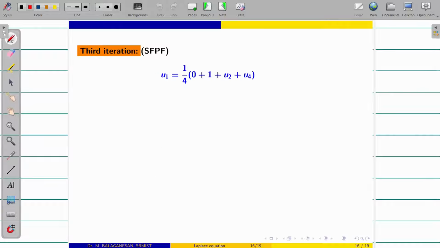U1 is this. Then third iteration, second or third. So this is the important note I would like to give here. 9 interior points, at least try to solve up to third iteration. So what is the thing what we are doing here? This is iteration process. What we have to do?